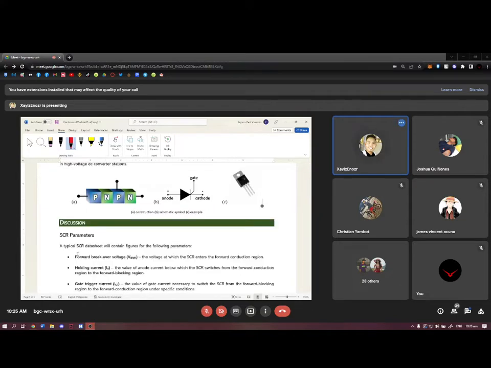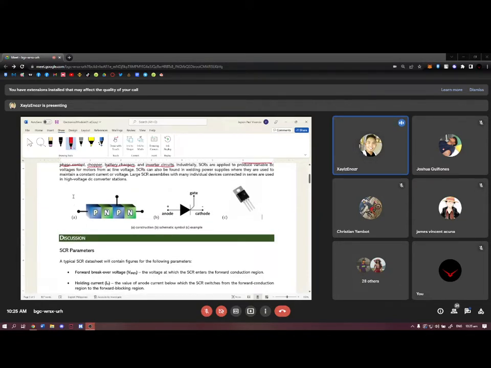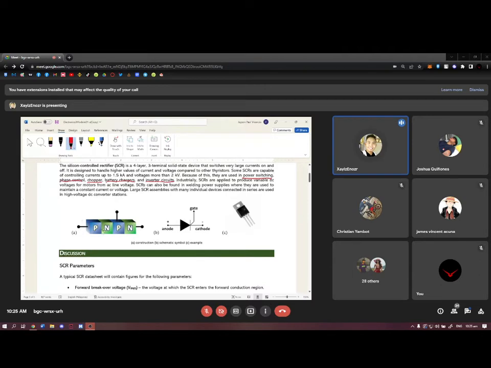So ito, yung ating SCR, so sabi nga, SCR is a 4-layer device. Okay, so meron siyang four types ng semiconductor material alternately fused together. So NPNP or PNPN. Then, ito yung symbol ng SCR.